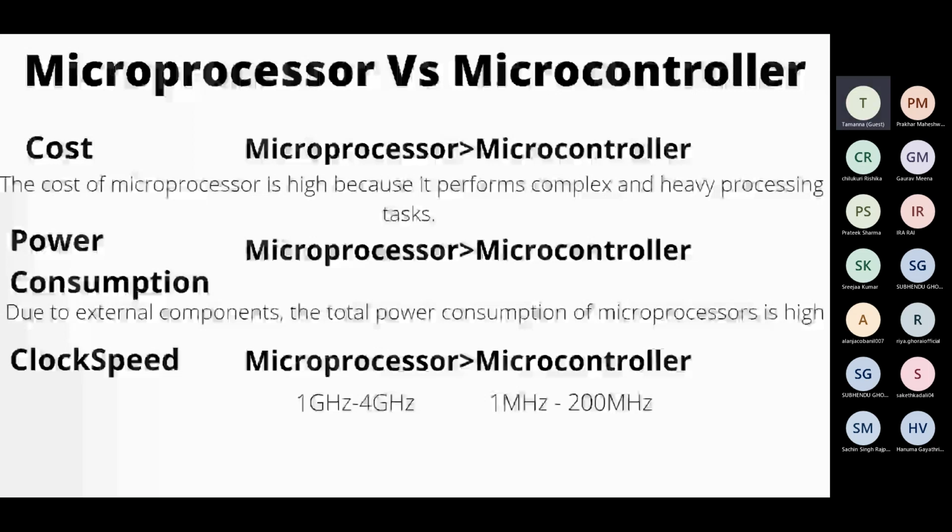Even the clock speed of a microprocessor is greater. Clock speed means the processing power or processing speed. So the clock speed of a microprocessor is 1 gigahertz to 4 gigahertz, while that of a microcontroller is 1 megahertz to 200 megahertz.